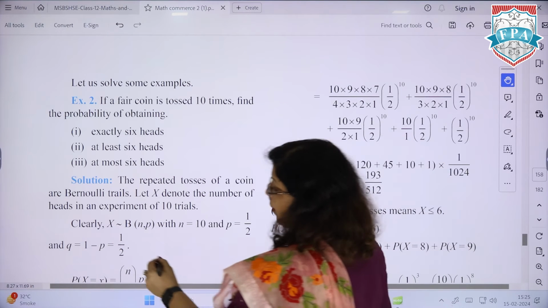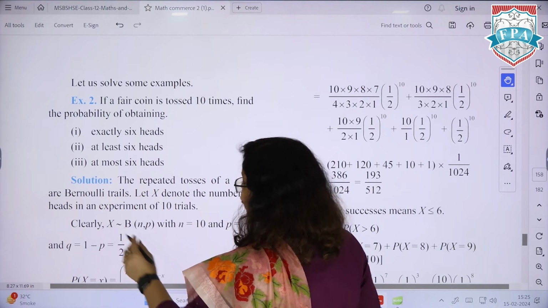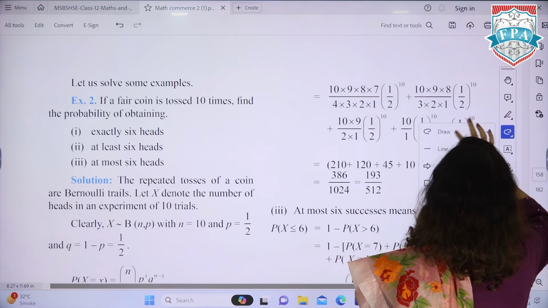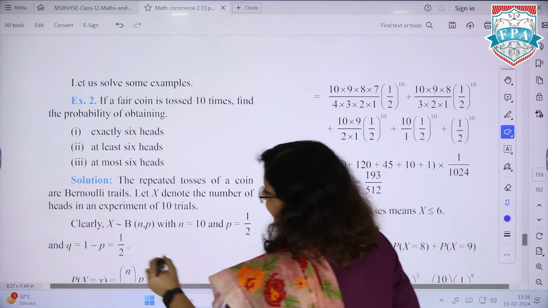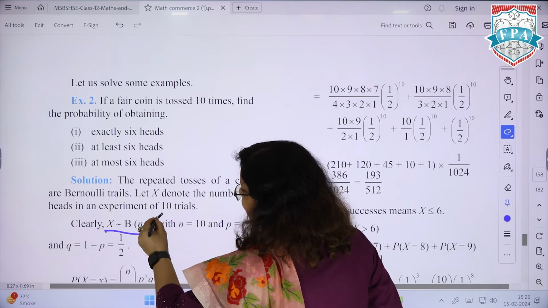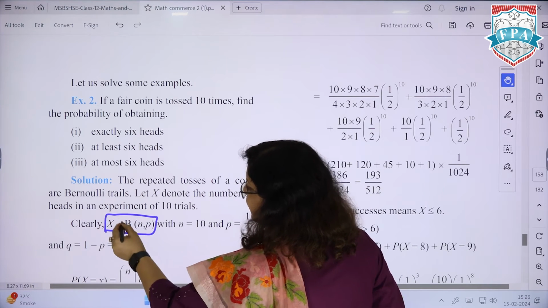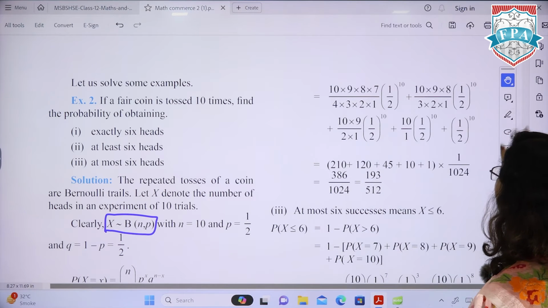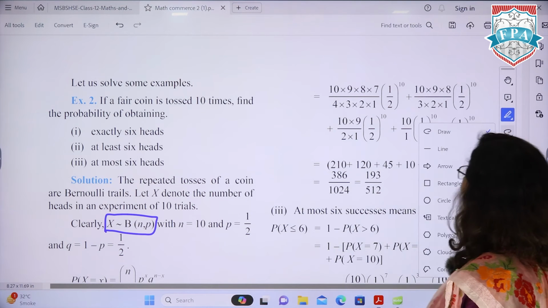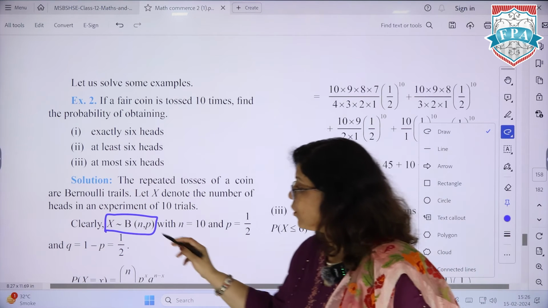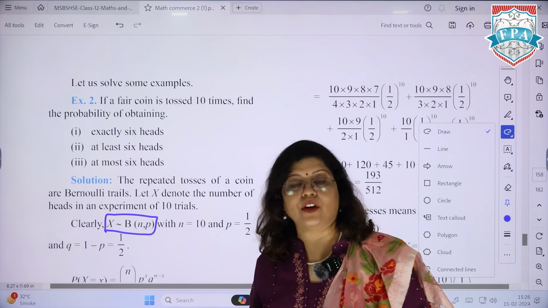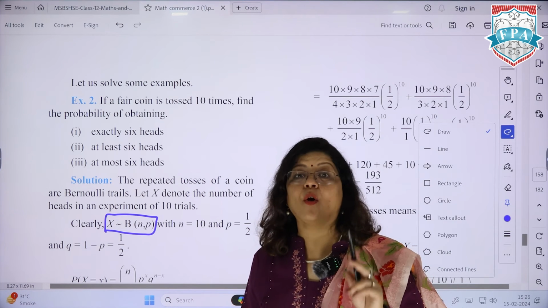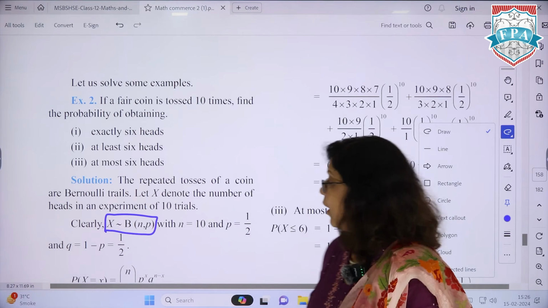Now, how is this binomial expression indicated over here? It is basically X, then we put a similarity sign, B(n, p). So n comma p means n is the total number of trials which we'll take into consideration, and p is the probability of success.